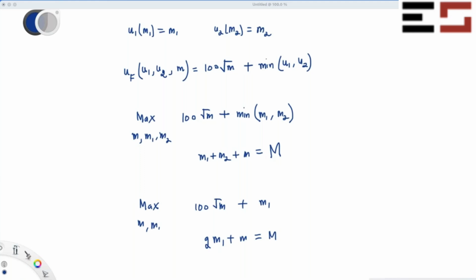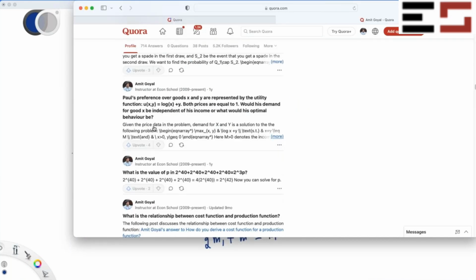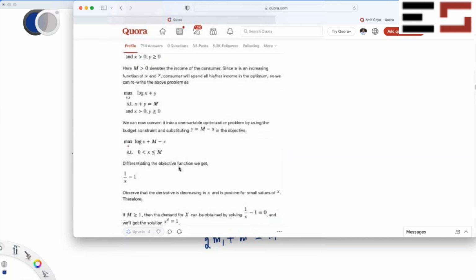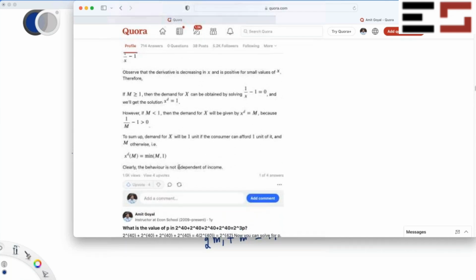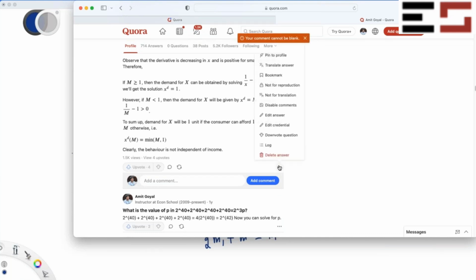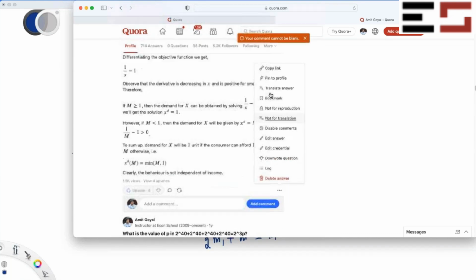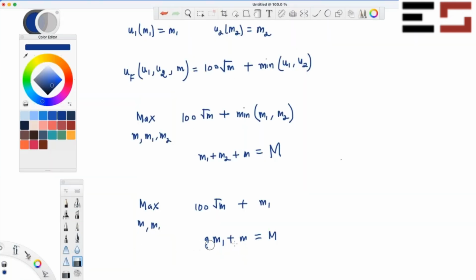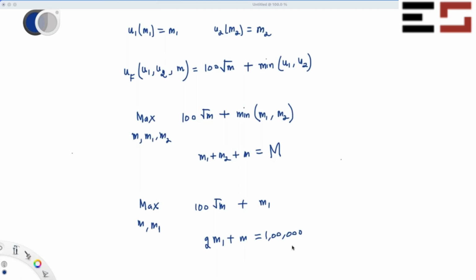You can watch this video. This is another example of how to solve quasi-linear. Why don't you just solve this problem for 1 lakh? All that you have to do is a standard utility maximization problem.